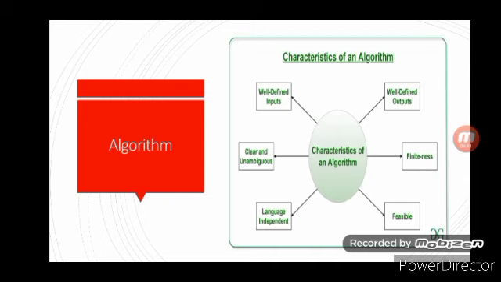Look, in this figure we have well-defined inputs. We have to give well-defined inputs to our computer, not complex or miserable inputs. Then clear and unambiguous. Unambiguous means no duplication. Language independent, this is also very important.